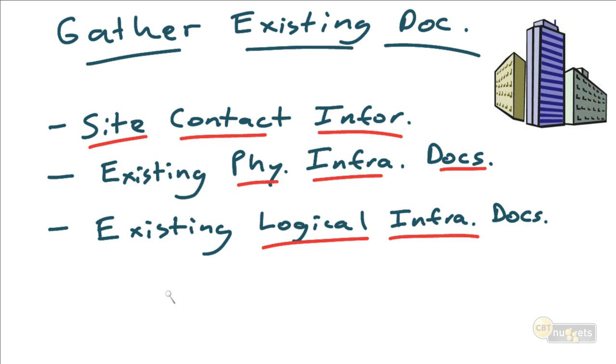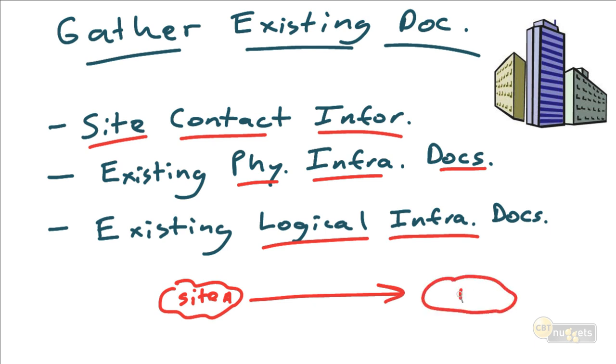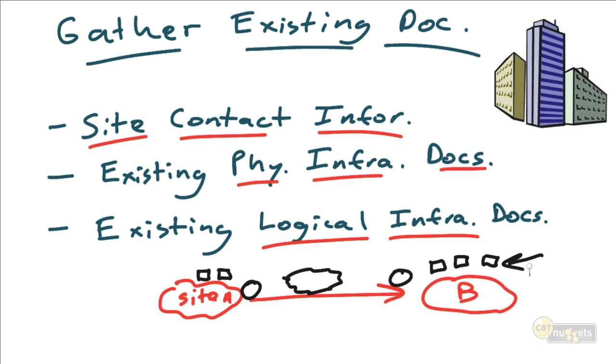Remember, logically, they may show something like, site A transfers information directly with site B. But we know, of course, that physically there might be two switches that are used in site A and then an edge router, and then a service provider cloud, and then another edge router, and then maybe it's three switches in site B. So we want to distinguish the physical infrastructure and make sure that documentation is complete, and distinguish this from the potential logical infrastructure.